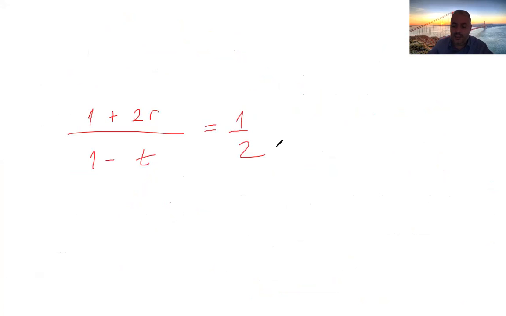The question is t in terms of r. What does it mean? t is equal to what? But here there must be r.